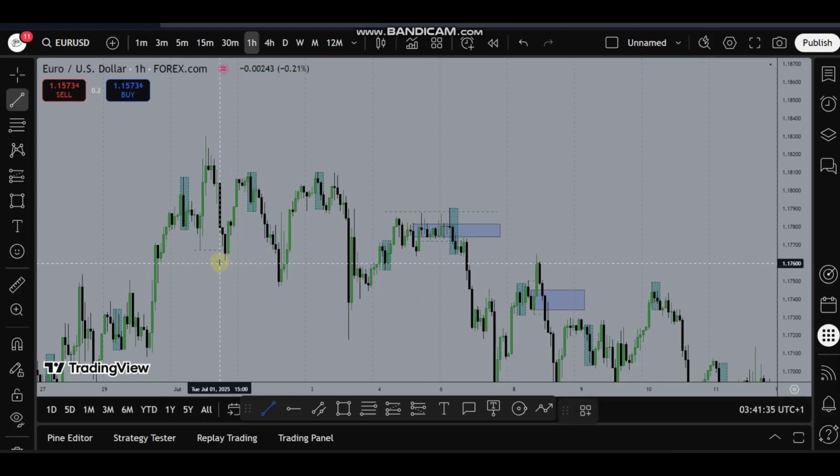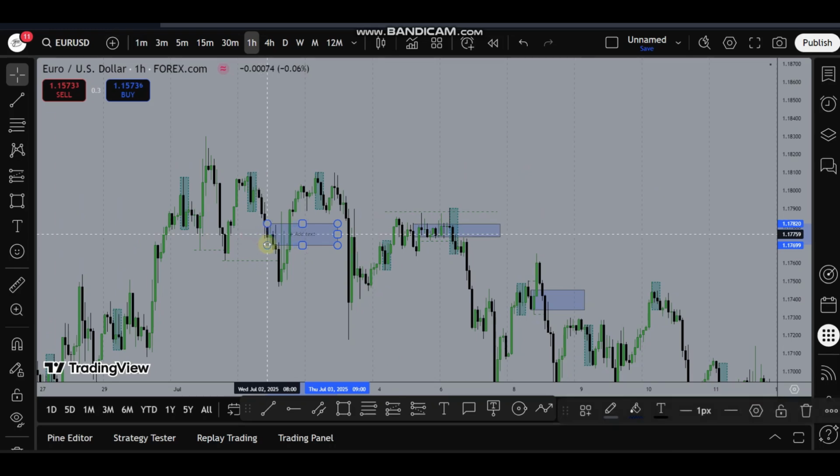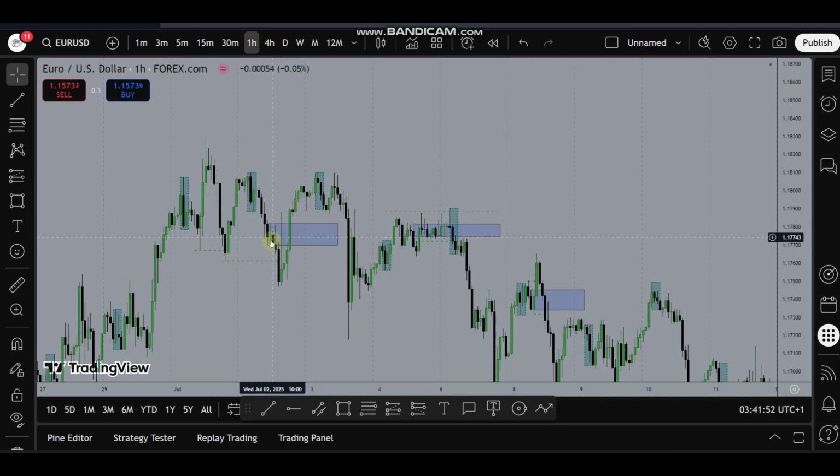I have another one here, a break of structure, and in this place there is no fair value gap, but we have an order block here. Price didn't respect this order block. This particular one here, price didn't respect it. We have a mitigation block here too, because price made a high, made a low, made a high that didn't close above the high before it dropped.